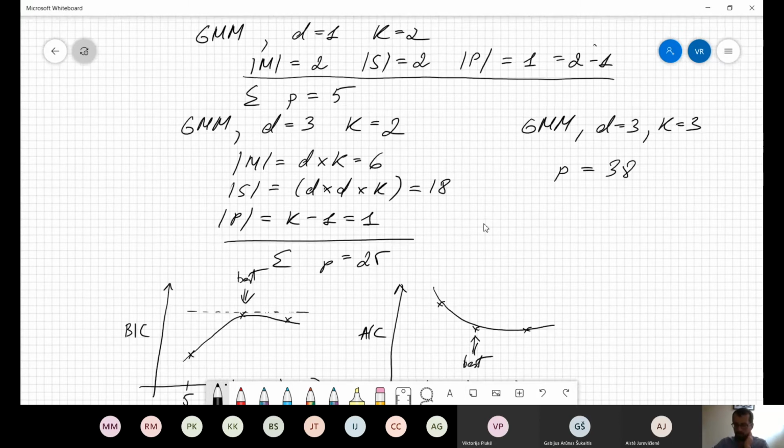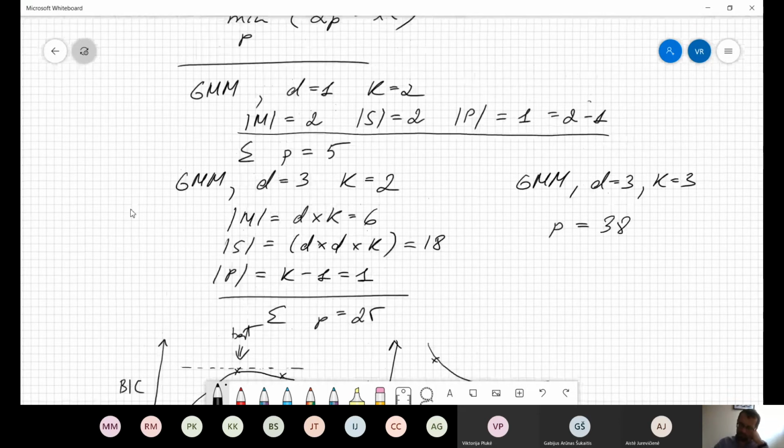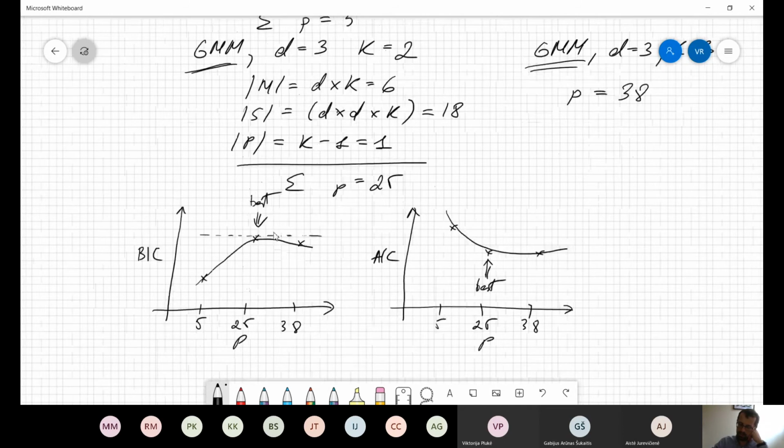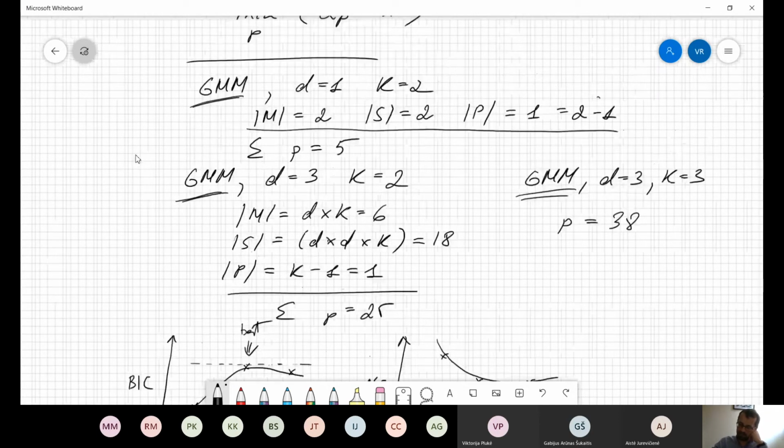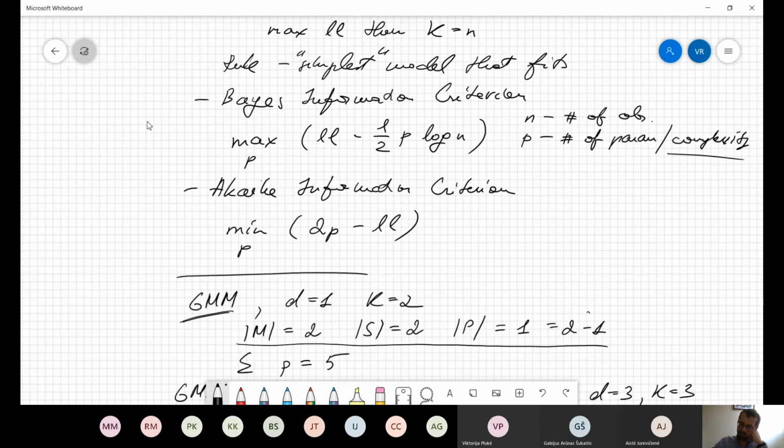Okay, so there are some programs in industry that actually, when you use GMM, Gaussian mixture models, for the calculation, they include automatically the evaluation of these criterions, and you basically do not need to provide the number of K. You just provide a data set, and they evaluate internally this metric, one or the other metric, and find out which is actually the optimal K for your data set, right, by following these criteria.